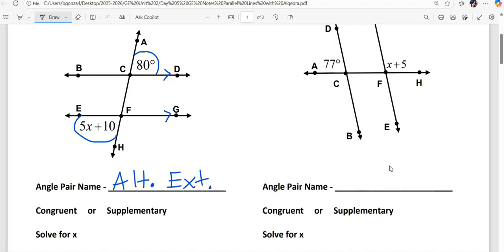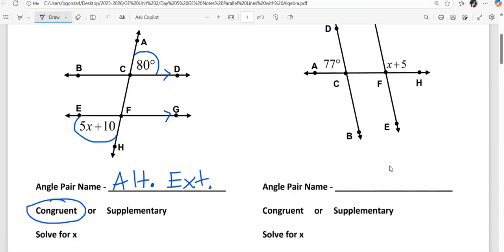If you have your notes from Wednesday, alternate exterior, alternate interior, and corresponding are all congruent. Here's an easy shortcut way to tell. Doesn't this look less than 90? It's acute. Doesn't this look less than 90? It's acute.